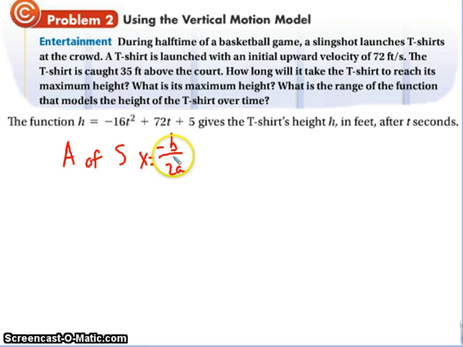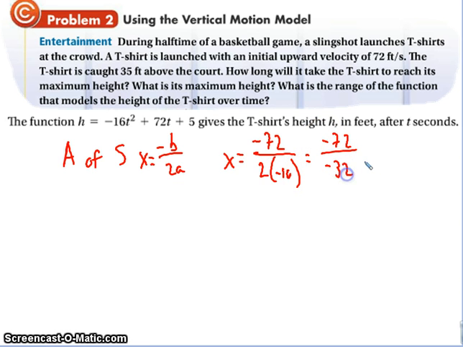I won't work this whole thing out because it's already done in the book, but we can plug it in: negative 72 over 2 times negative 16. So I get negative 72 over negative 32, which is 2 1/4. So now that's my x value. I'm going to plug this in for t, and that's going to solve what my y value is.